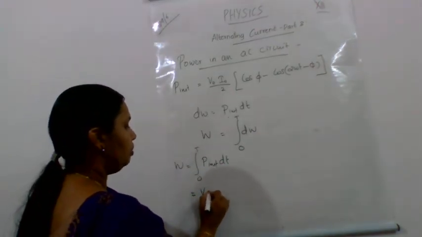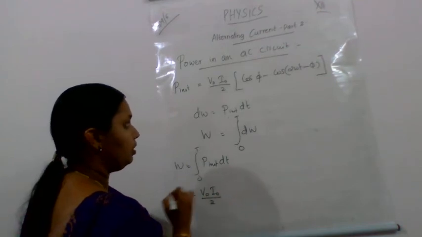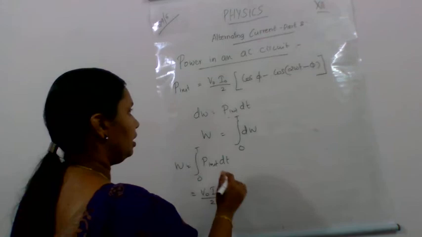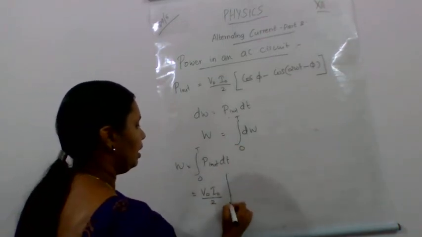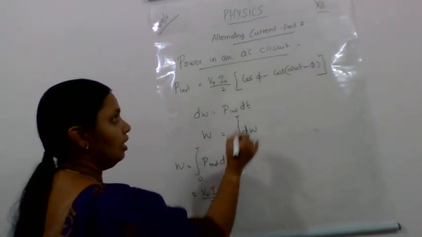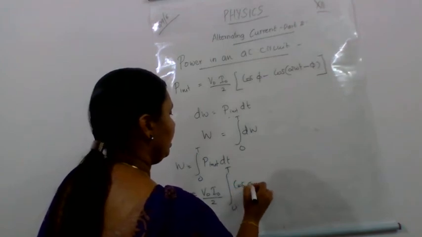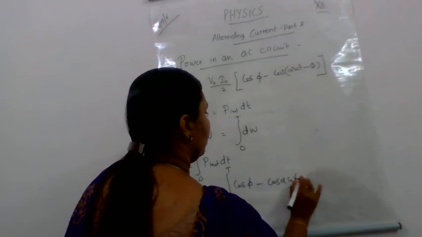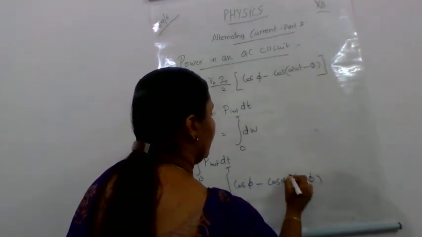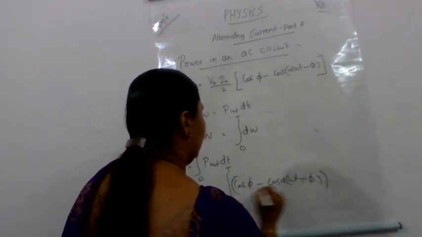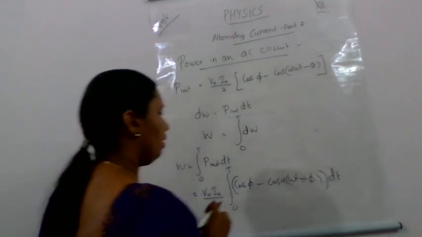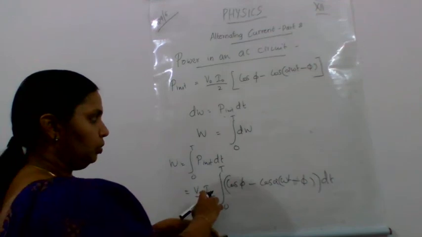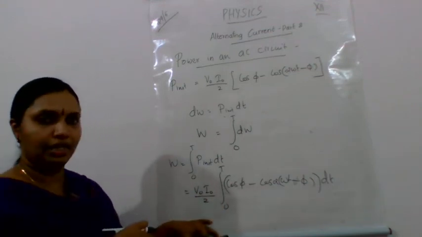It is equal to V0 I0 by 2, that is a constant, times integral 0 to T of cos phi minus cos(2 omega t minus phi) dt. V0 I0 by 2 is a constant, so that is why I have taken it outside.